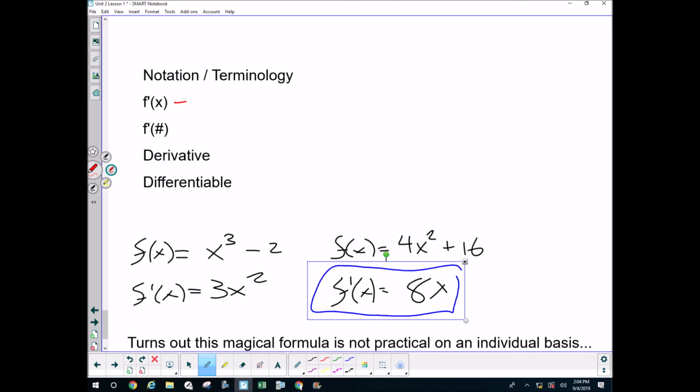So, in conclusion, this f prime of x is a tangent slope generator, unique tangent slope generator for f. I can plug numbers into it and I will get a tangent slope.